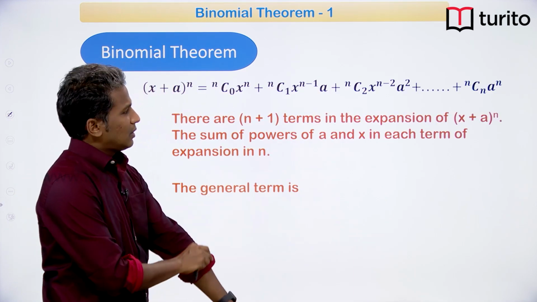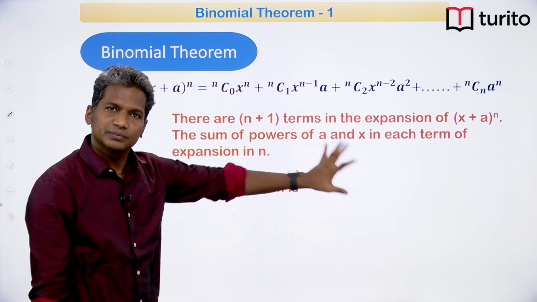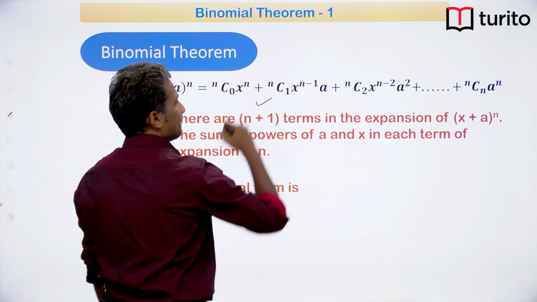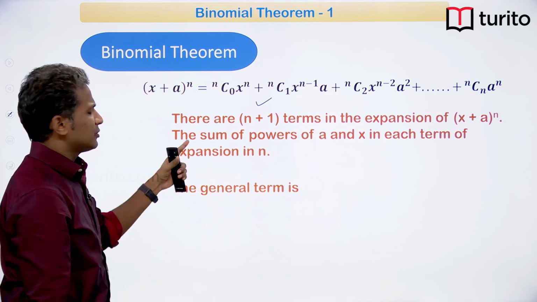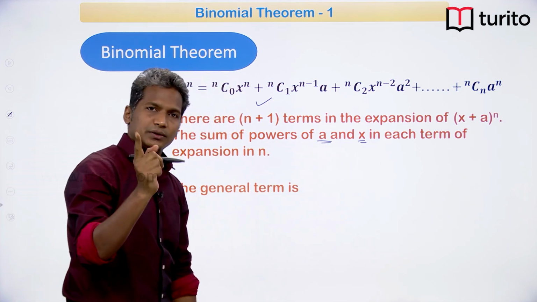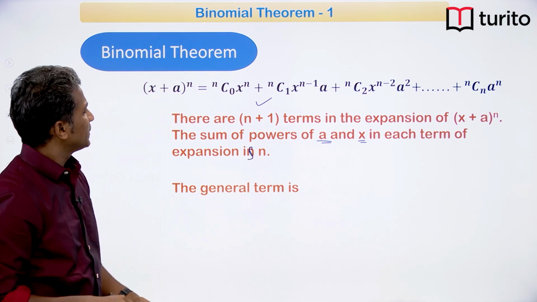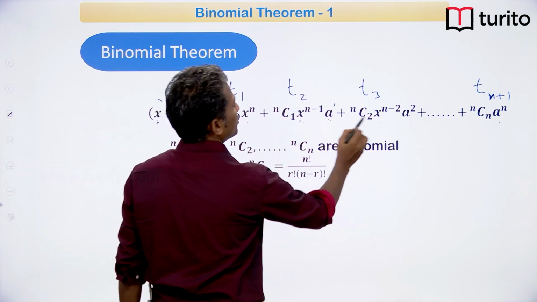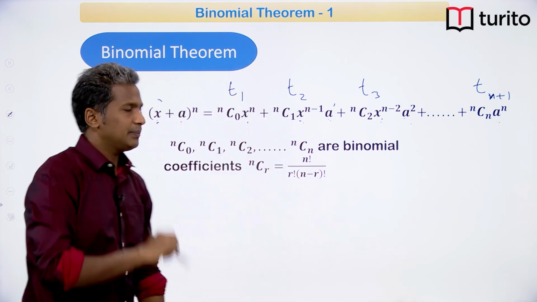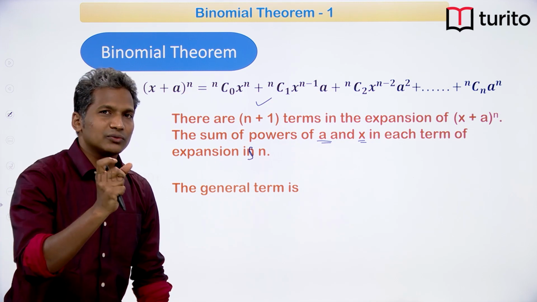Now, we have observed that there are n plus 1 terms, that is right, and also we have observed that the sum of powers of a and x in each term is equal to n, right. So every time the sum of these two powers is going to be n, and the general term, what is the pattern of the general term?